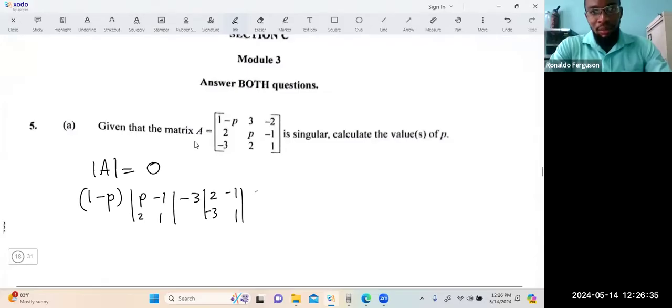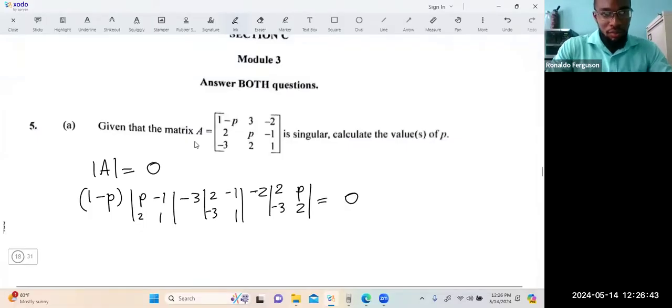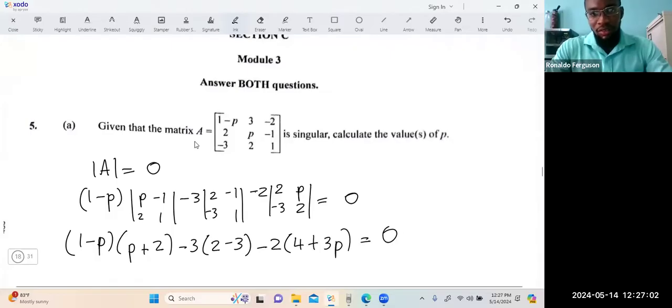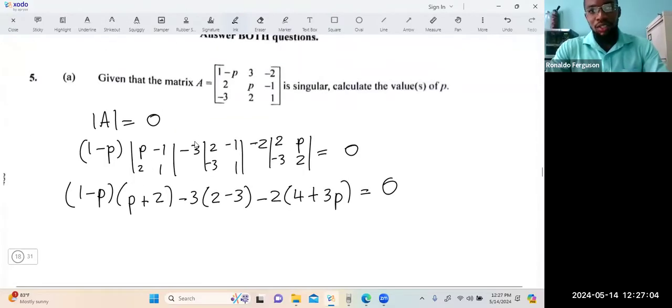Then minus 2 times crossing out the row and column, you have 2p, minus 3 and 2, equals 0. This works out to be 1 minus p times p plus 2 minus 3, then minus 2 times 2 minus 3, or plus 3p, equals 0. That looks like it's leading to a quadratic.